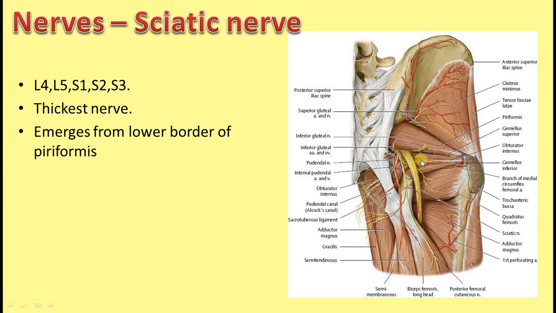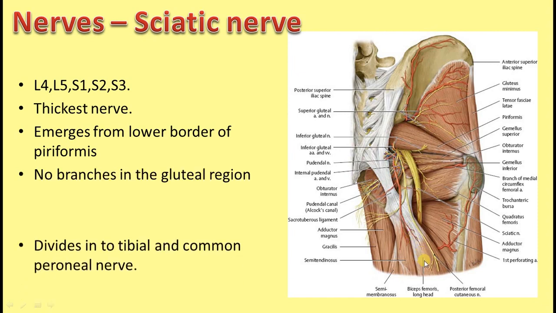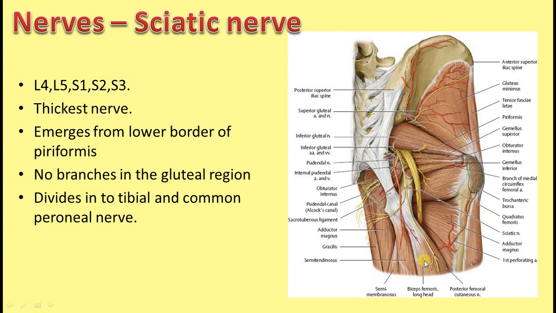Actually, immediately deep to it you see the nerve to quadratus femoris. Above it sometimes you see posterior femoral cutaneous nerve, or it is present medial to it. Then it passes deep to the long head of biceps femoris. It does not give any branches but divides into tibial and common peroneal at a variable distance from the popliteal fossa. So that is about the sciatic nerve, thickest nerve. Root values L4, L5, S1, S2 and S3.